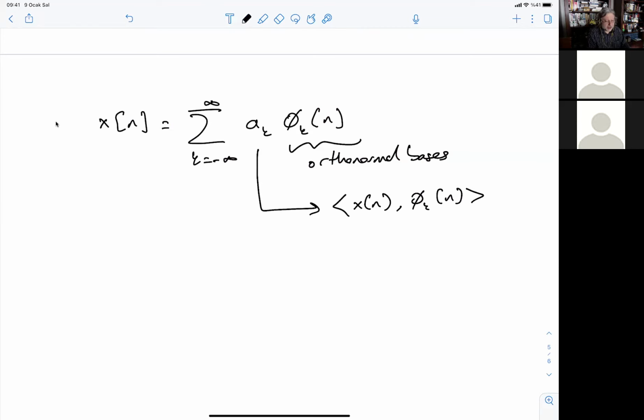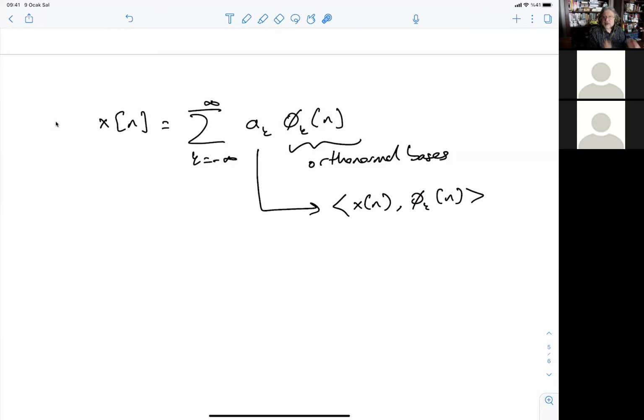You may make an analogy with linear algebra. In vector matrix notation, it's the same thing. This inner product is the thing that gives you these coefficients, the a_k's. But making an inner product for signals is also quite similar to the linear algebra concepts.